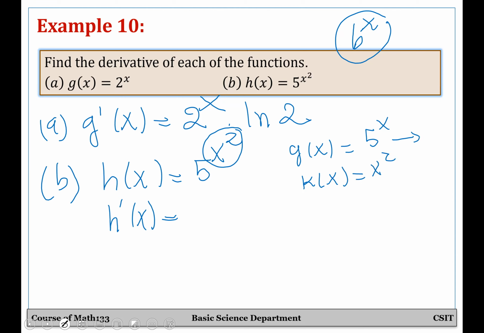For this, it will give 5 to the x ln 5. And for this, 2x. So my h prime will be 5 to the x squared ln 5 multiplied by 2x. Okay, so be careful of this kind of composition.